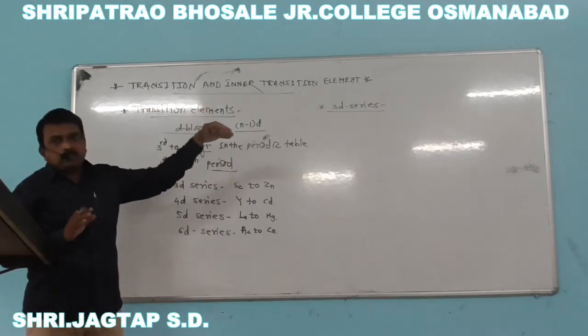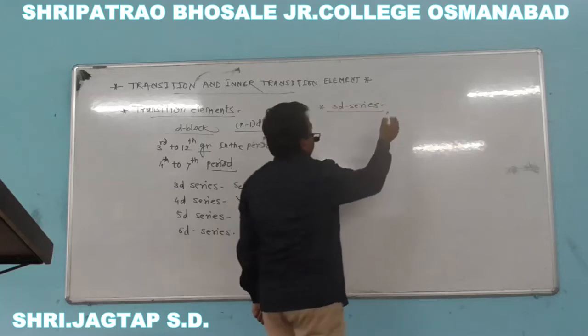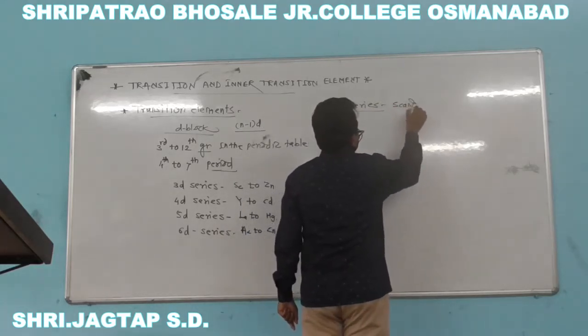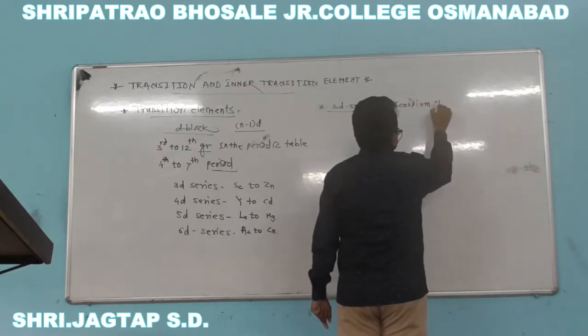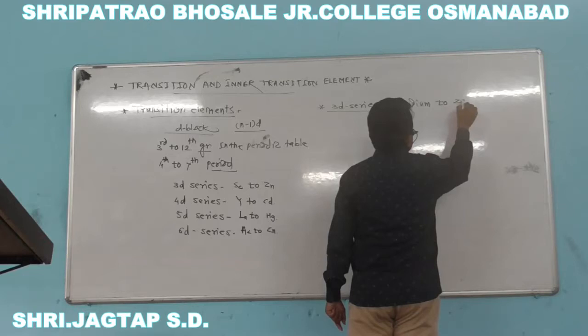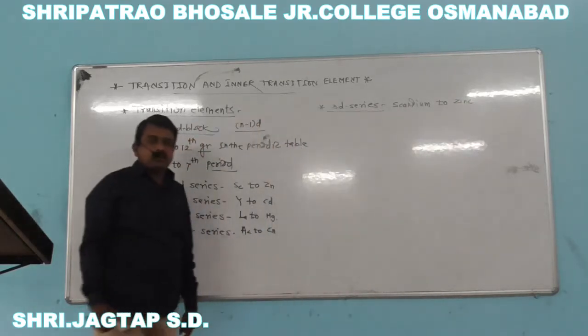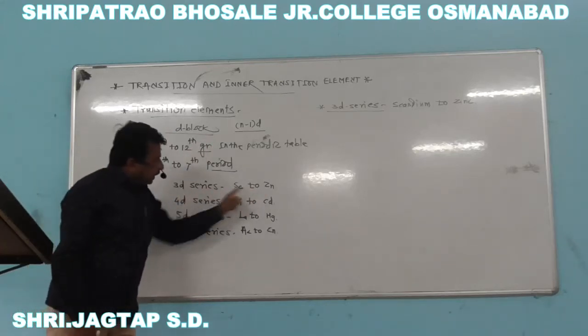The 3d series consists of 10 elements, starting from scandium and ending with zinc.